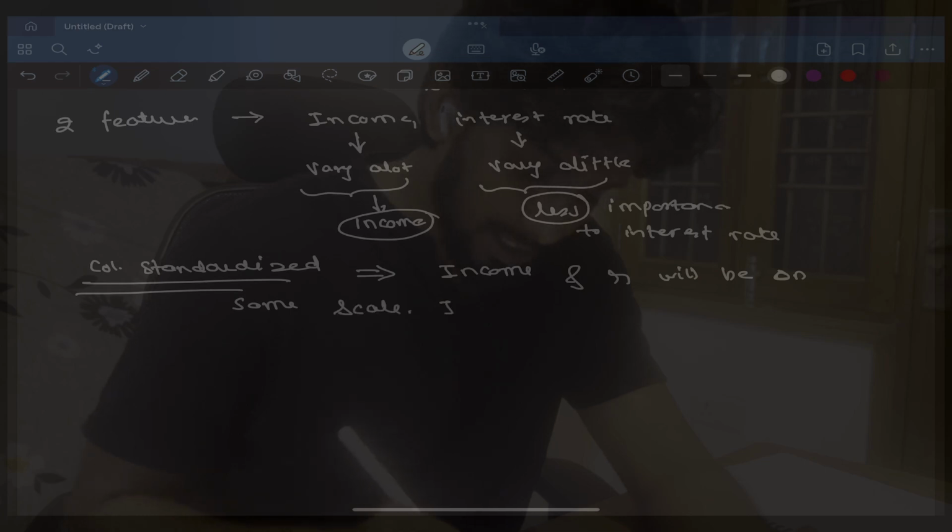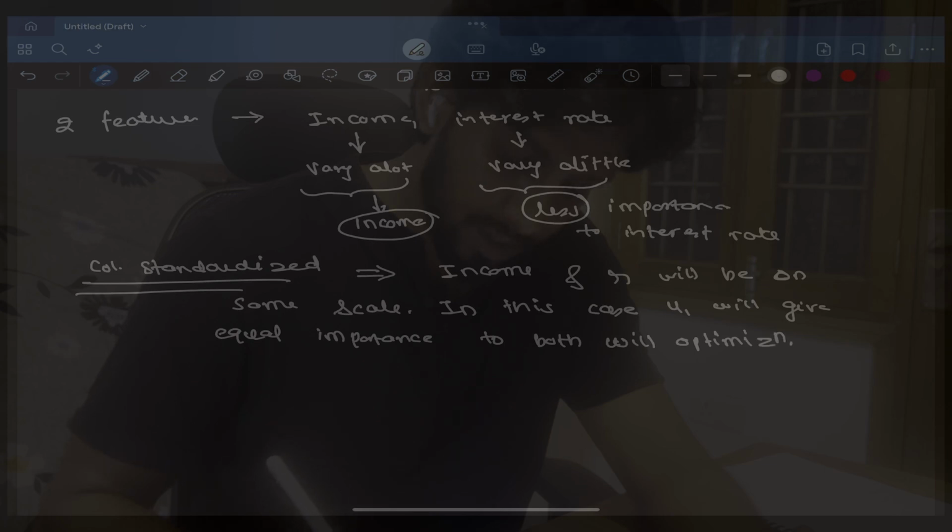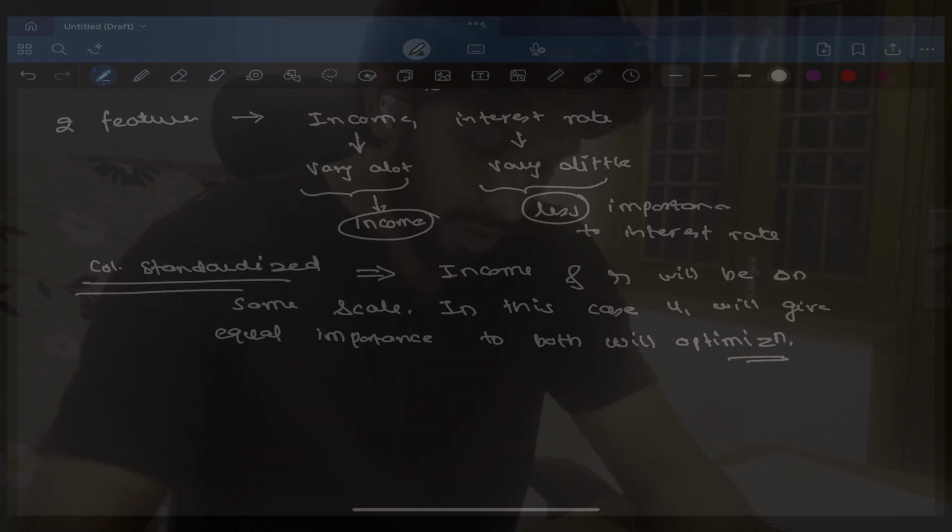So in this case, my u1 will give equal importance to both while optimization. We don't want the unit to play a role while finding the direction of u1. That's why we do the column standardization.